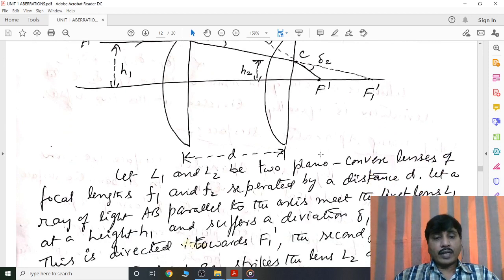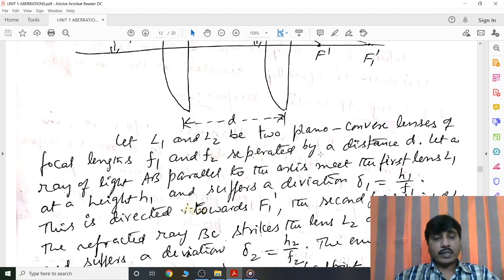Let a ray of light AB parallel to the axis meet the first lens L1 at a height h1 and suffer a deviation delta 1, which is equal to h1 by f1. This is directed towards f1 dash, the second focal point of L1.